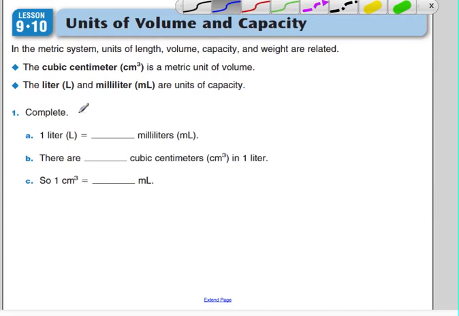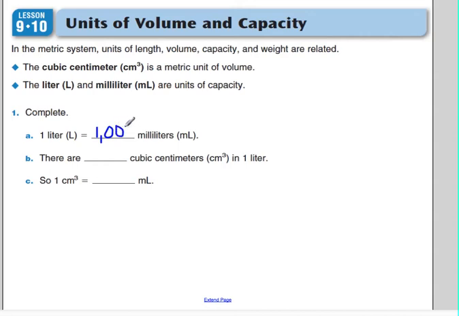So take a look at number 1. 1 liter equals how many milliliters? Okay, this is something you might already know. There are 1,000 milliliters in 1 liter.